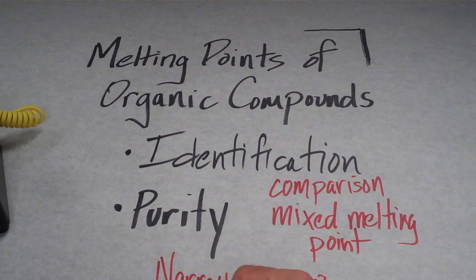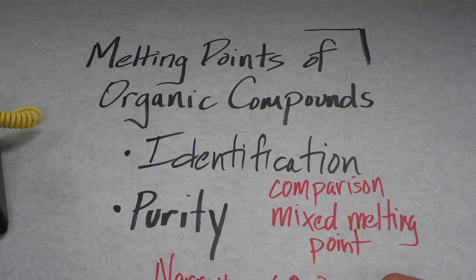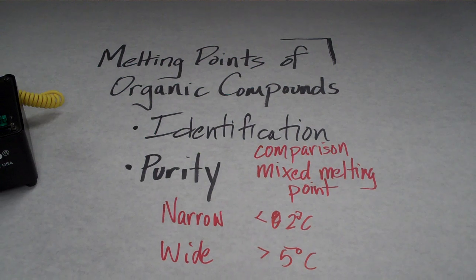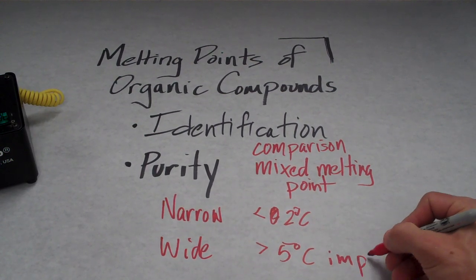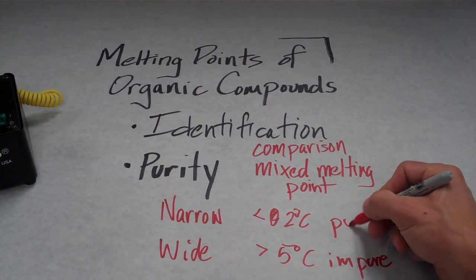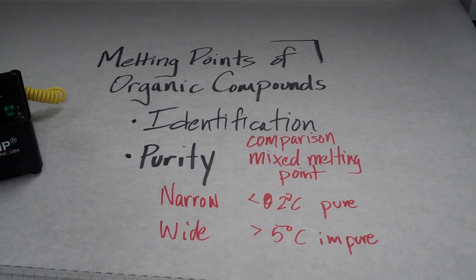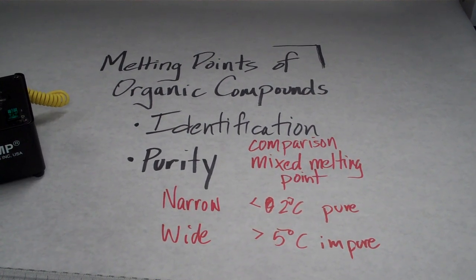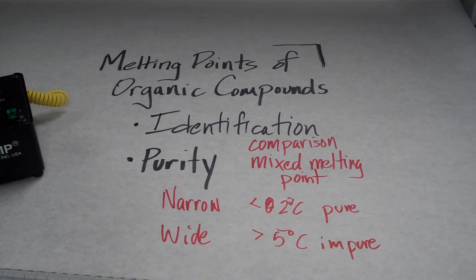A wide melting point range, something greater than 5 degrees Celsius, would be an indication of an impure sample. Okay. And as I walk you through the experiment a little bit, I think you'll come to understand how we'll use this information in today's lab to try to identify an unknown compound.